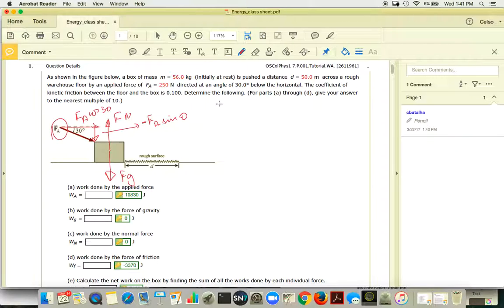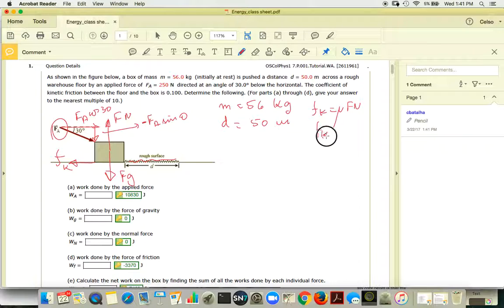So let's see what is given. We have a mass of 56 kilograms. The distance the block is pushed is 50 meters, and there is friction. Oops, forgot the friction. That's your friction, and since it's moving, the friction is kinetic. You know the kinetic friction is equal to the coefficient of kinetic friction times the normal force.